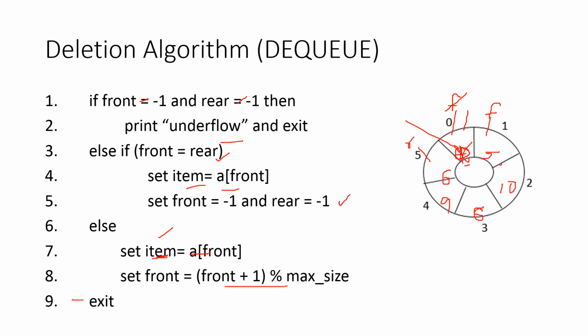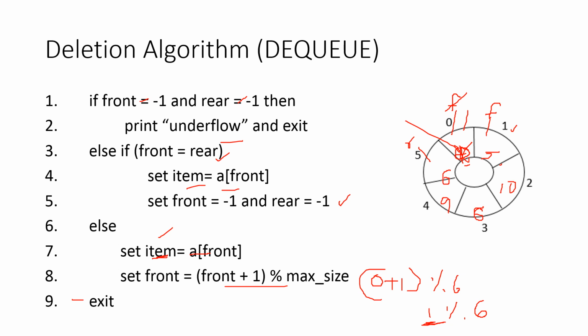Before, the front was 0, plus 1, % maximum size, which is 6. So 1 % 6, the value is 1. See this, front has been assigned to index 1. So this is about deletion.